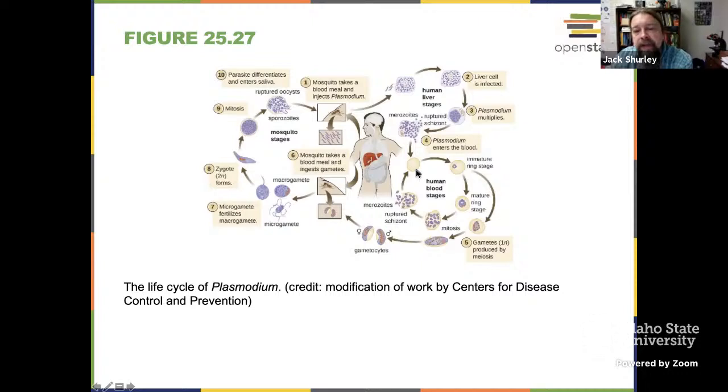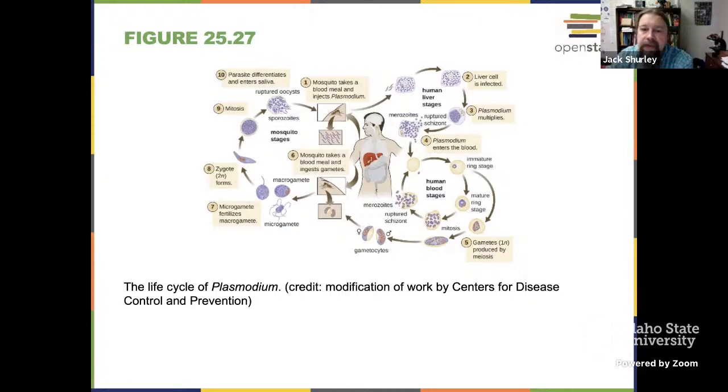So the parasite gets into the red cell, starts replicating. As it starts feeding on the red cell, we see this ring stage with a little vacuole, and it's degrading the hemoglobin inside of this red cell. It develops into this mature ring stage where, again like the liver cell, it goes through numerous asexual replications, forming the schizont.